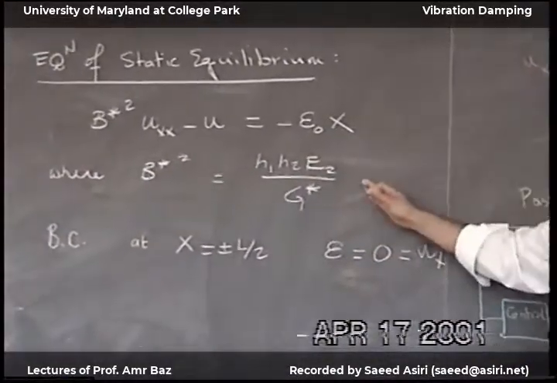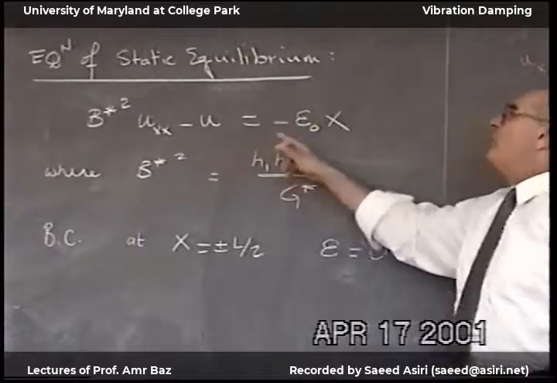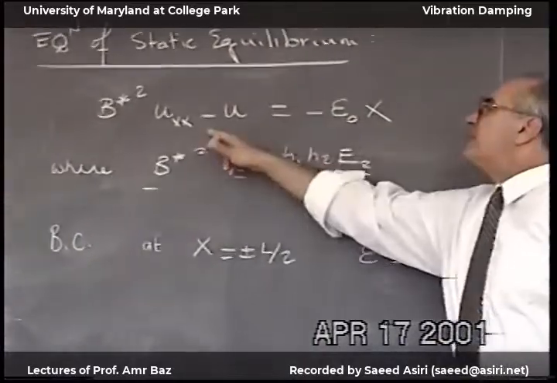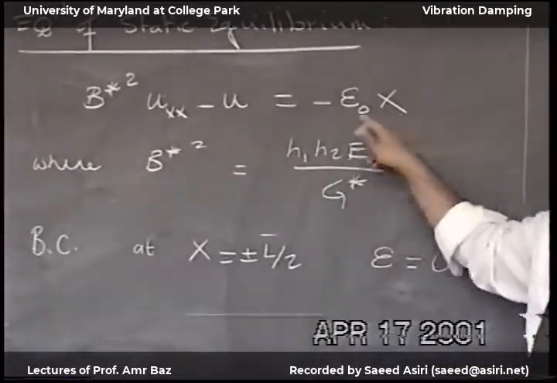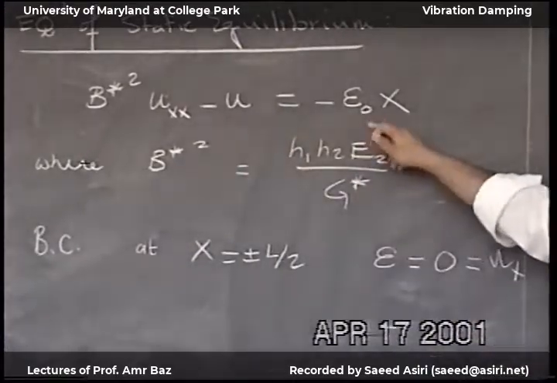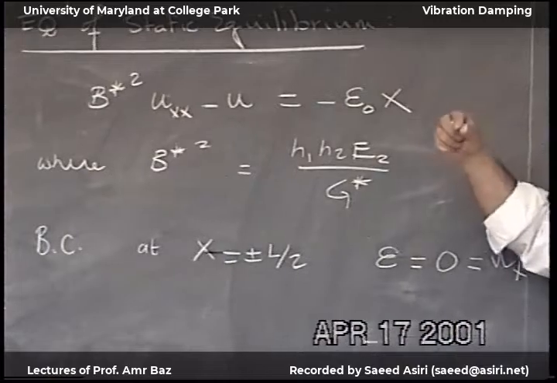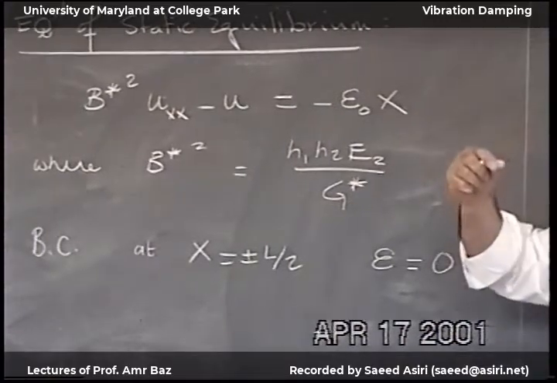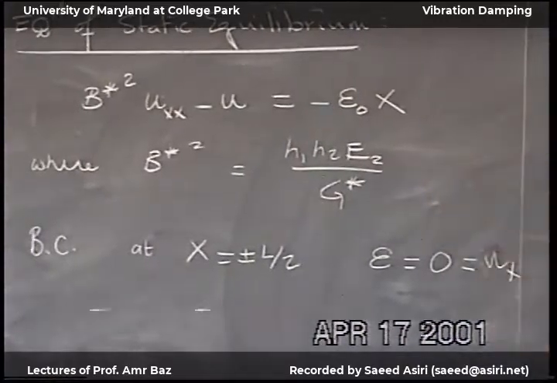I solved this in great detail. We have now here a second order differential equation. Solve for U. We have U. We have U0. From the two we get the shear angle. From the shear angle, I can get the energy dissipation, I can get the loss factor.